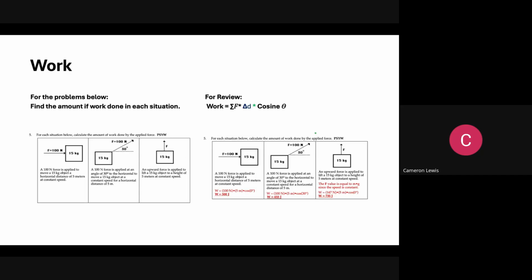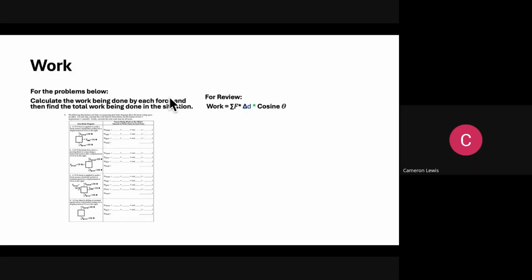So we want to find the individual works, and then calculate the total work, right?